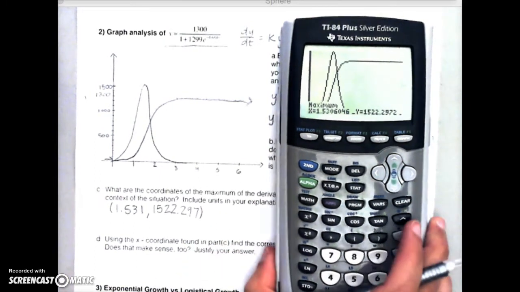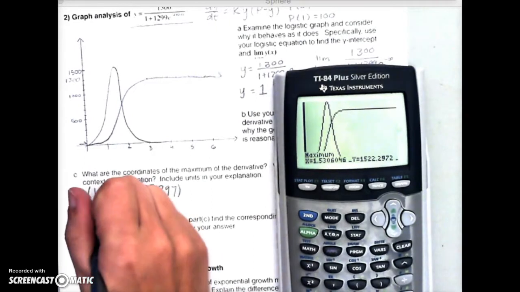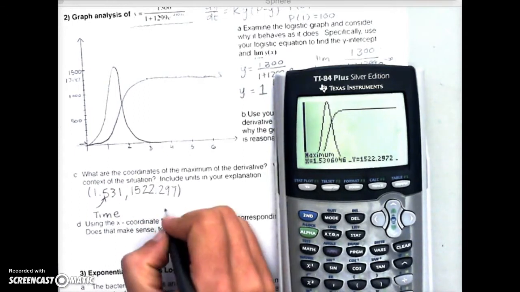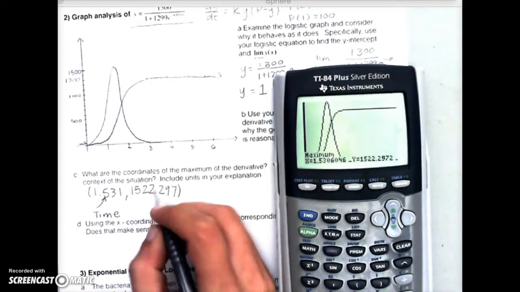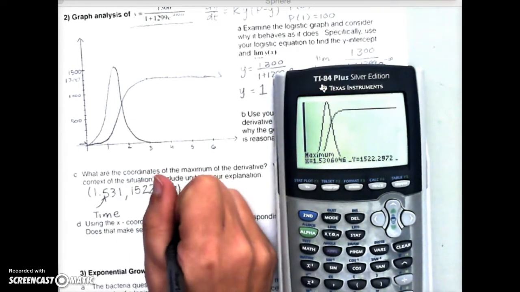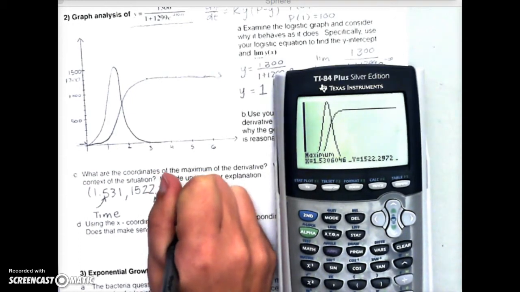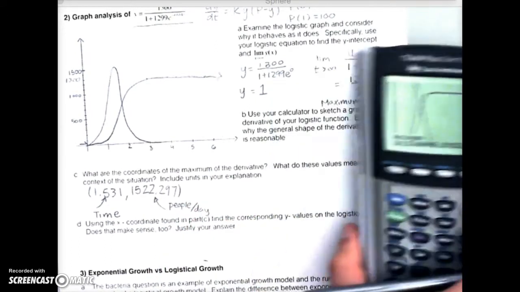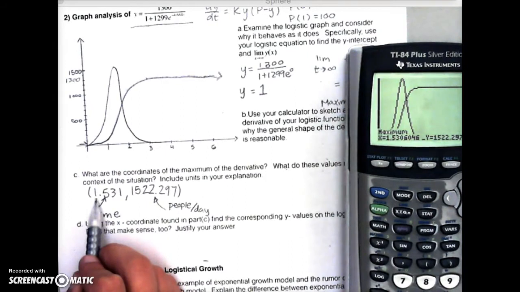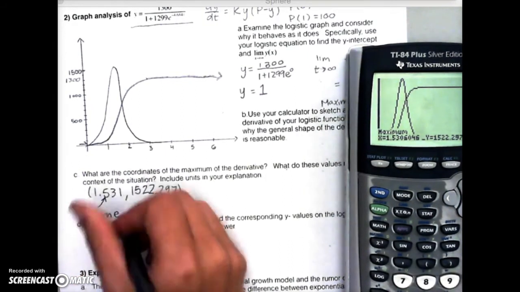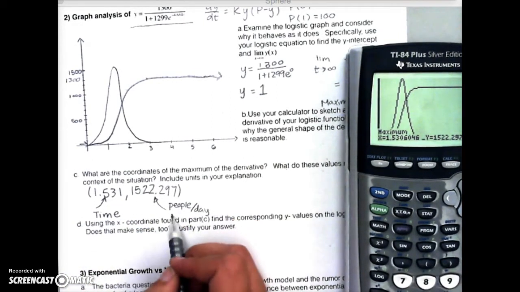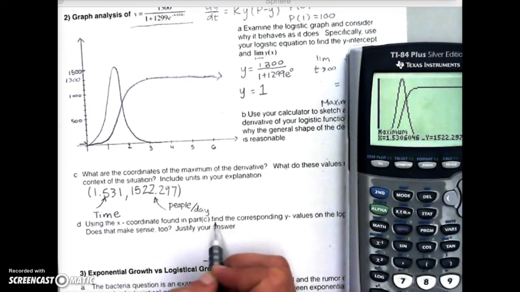And what are the units? This unit represents the time, and this is a rate. So this is how many people per day are hearing the rumor, so this is people per day. So at 1.531 days, we're maxing out the derivative, and the derivative represents the number of people per day who are hearing the rumor.